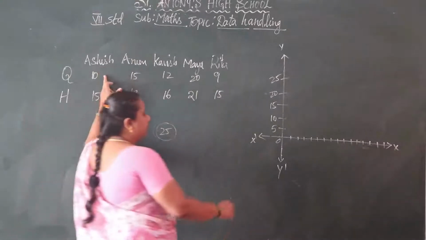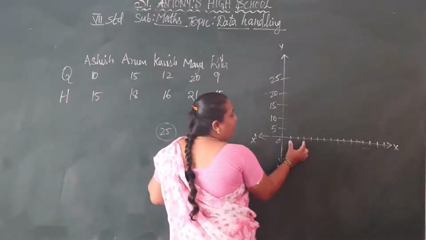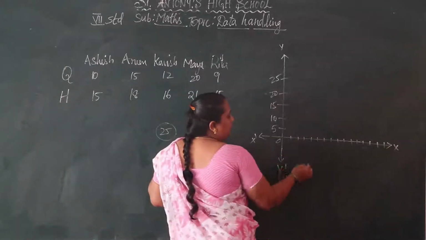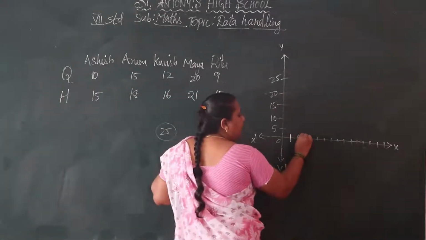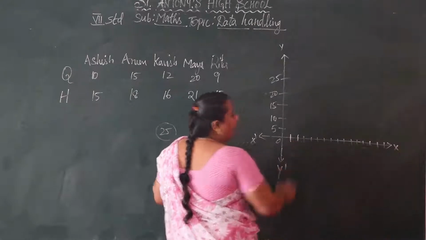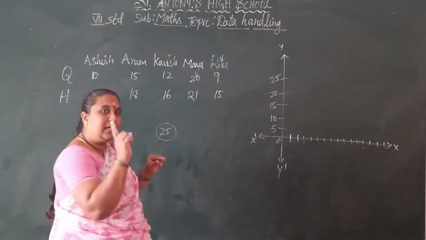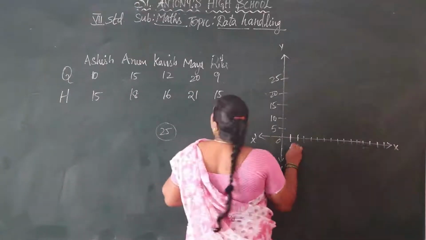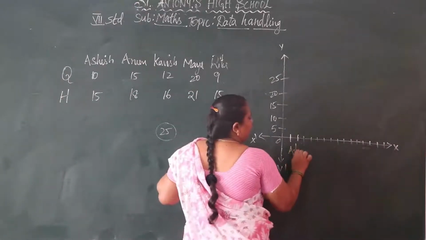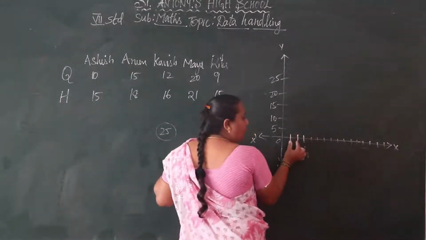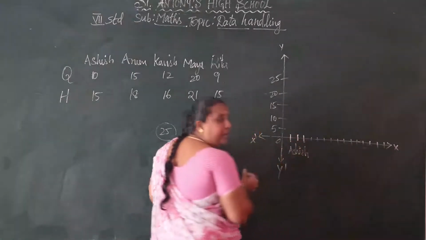So for Ashish, we want to draw a double bar graph, so we have to take 2 units in total. Double units: one for quarterly and one for half-yearly for a single child. The first one is Ashish, who has 2 columns, for quarterly and for half-yearly.